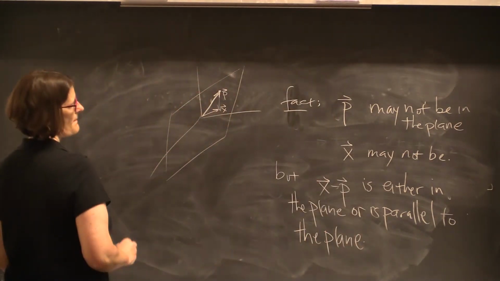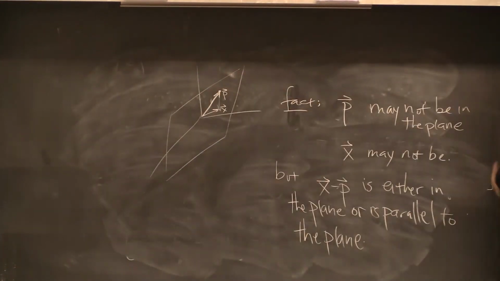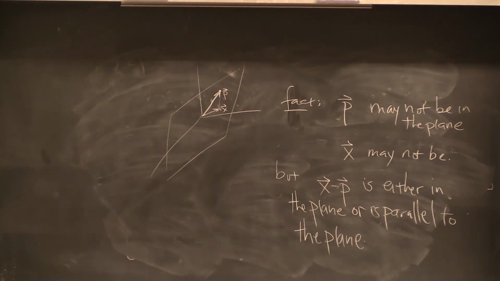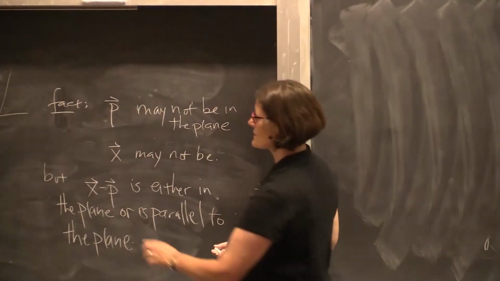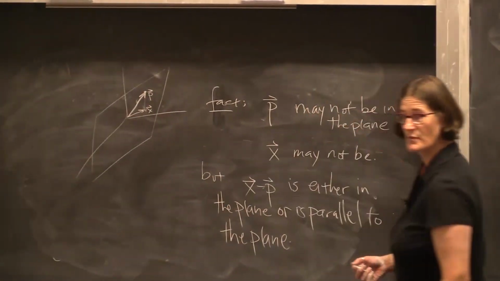So this tells me that one way of getting a scalar equation for a plane would be if I just said, I want all these x so that x minus p is parallel to the plane.